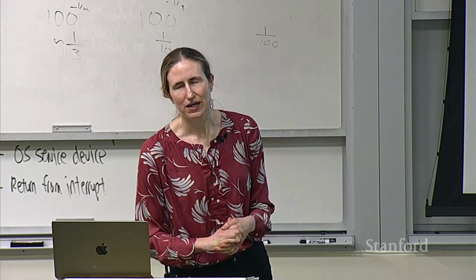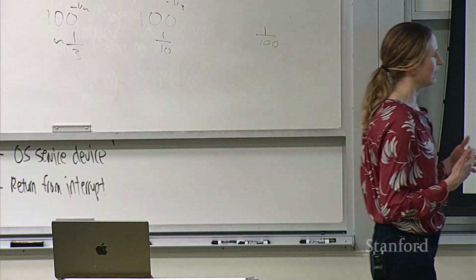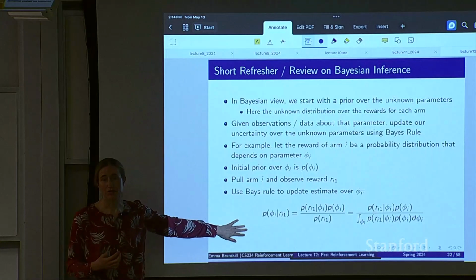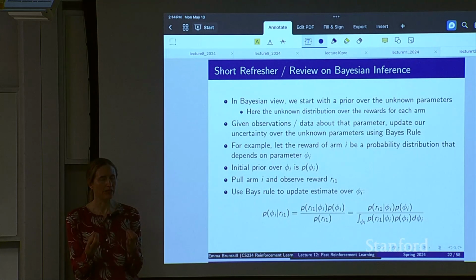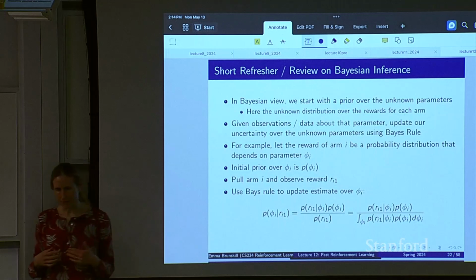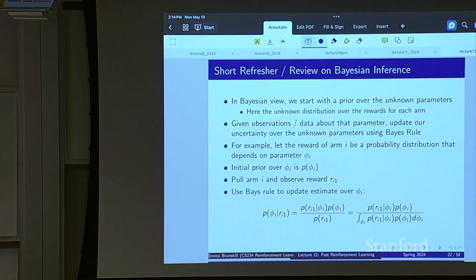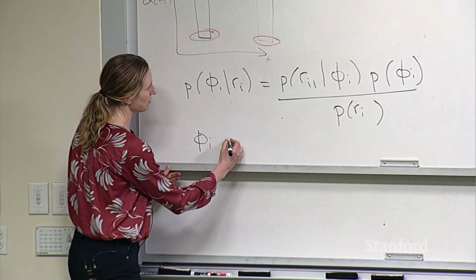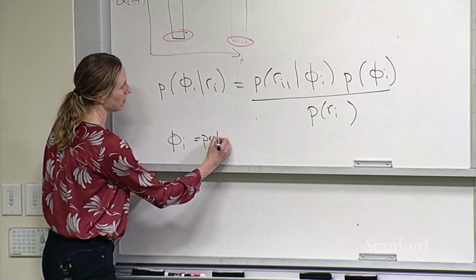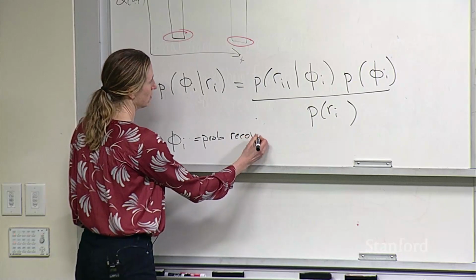Yeah, it's a great question. In general, it may not be obvious that we can compute this. For example, we're going to see in some cases this is analytic. You can analytically update this, which is super elegant. What I mean in that case is, let's say, we'll see an example shortly, phi could be the probability of recovery.